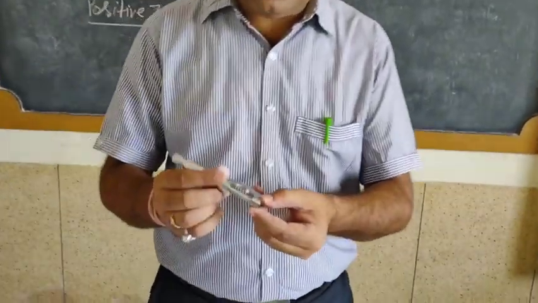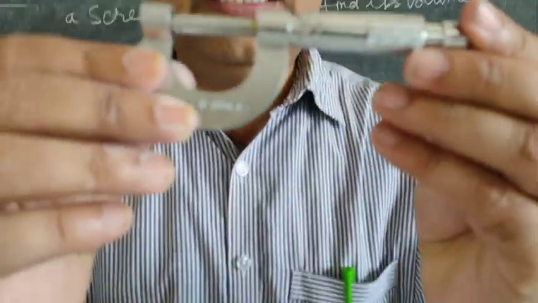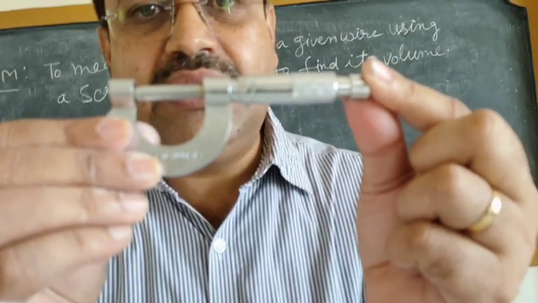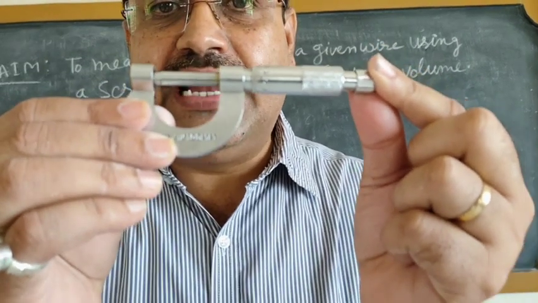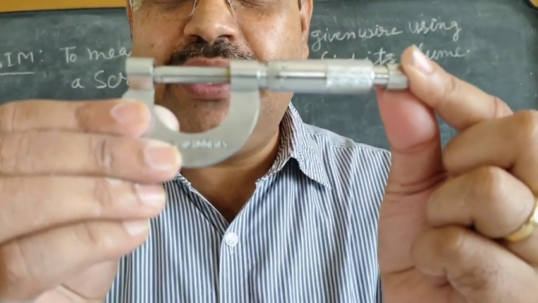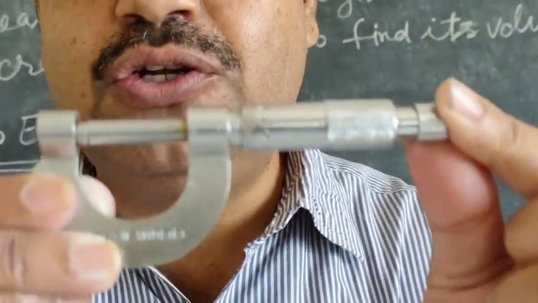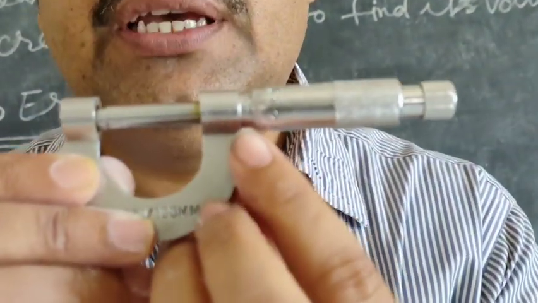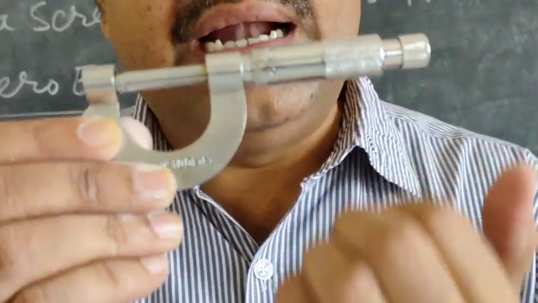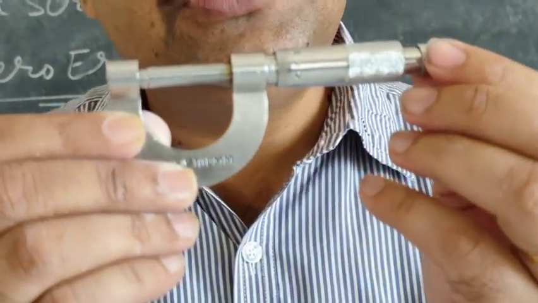Here you can look in this screw gauge. You see 0 lies below the reference line, and it is called positive zero error. Is it clear to everybody? Again I am repeating, when 0 of the circular scale lies below the reference line, that is called positive zero error.